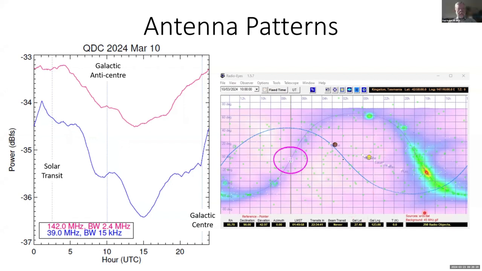I ended up finding a 45 megahertz map that I popped into Radio Eyes, and that's kind of handy for my 39 megahertz signal here. Here's a plot showing when the antenna should be looking at the galactic anti-center, and that's the dashed line in there.